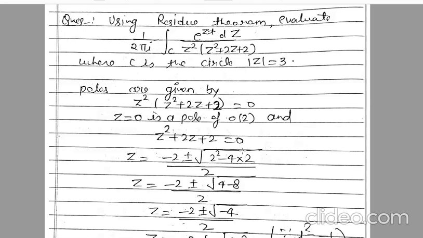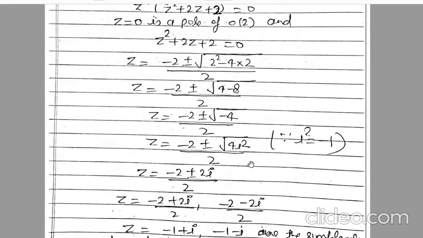So z is equal to 0 is a pole of order 2, and for this bracket, z square plus 2z plus 2 is equal to 0, you will calculate by the discriminant method. This is a quadratic equation ax square plus bx plus c is equal to 0, so this method is applicable only for a quadratic equation.